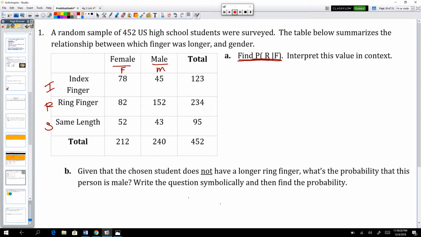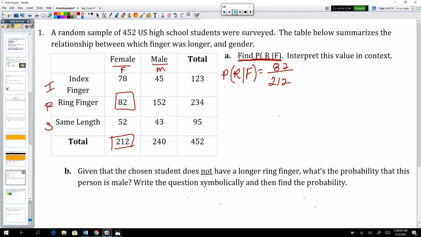From the table, the subset of people we're looking at are just the females, so that's 212 people. Out of those 212, how many of them have longer ring fingers? 82. So you can do the calculation of 82 divided by 212.